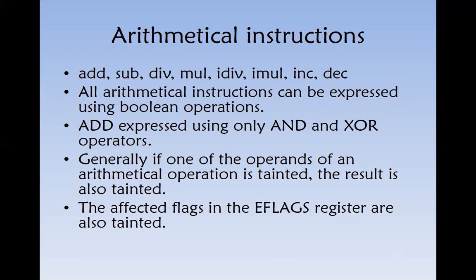Okay, so the key thing about arithmetic instructions is to remember that it is not just the output register or the output memory location that is affected, but also an implicit register called EFLAGS, which is affected by the arithmetic operations. So EFLAGS is the x86 register that stores various things, such as the carry flag, right?